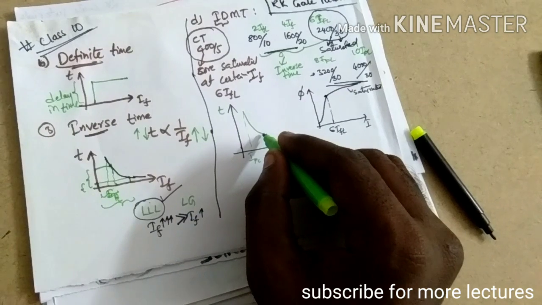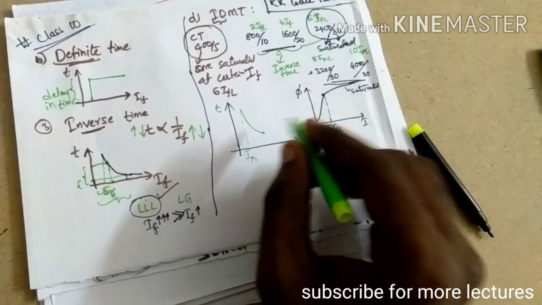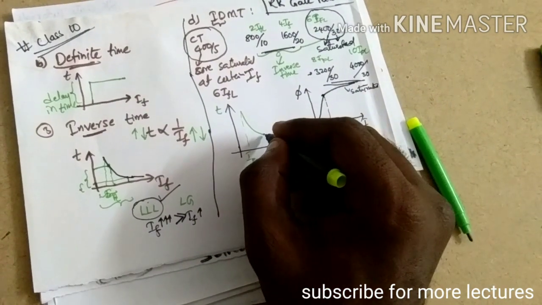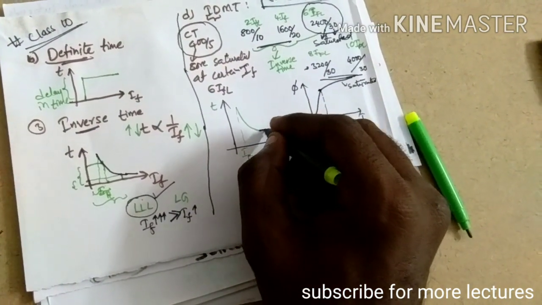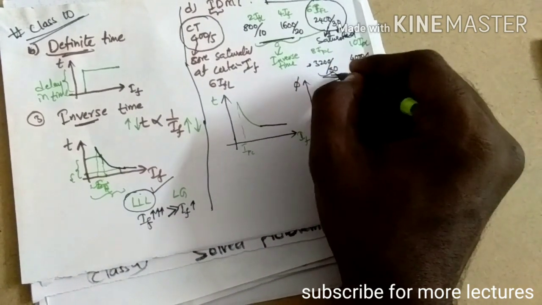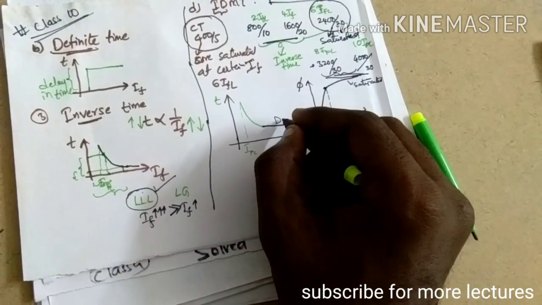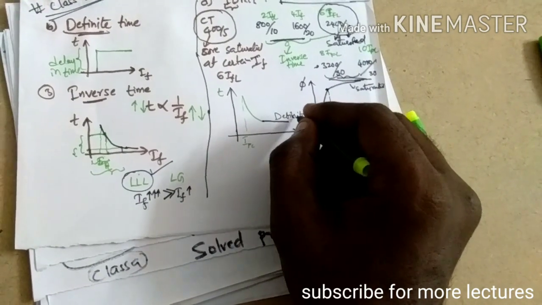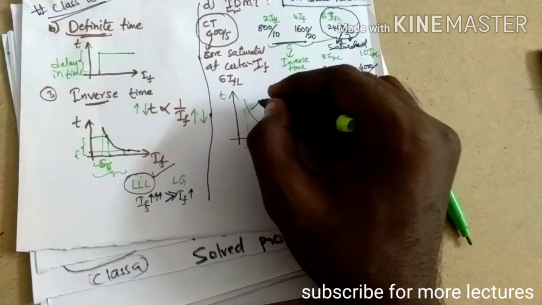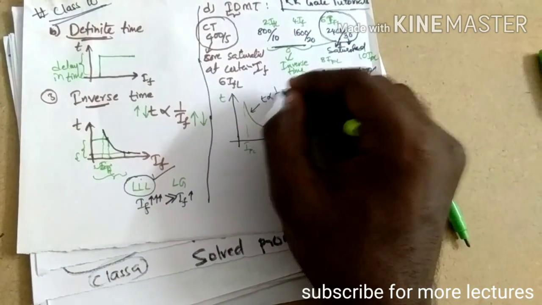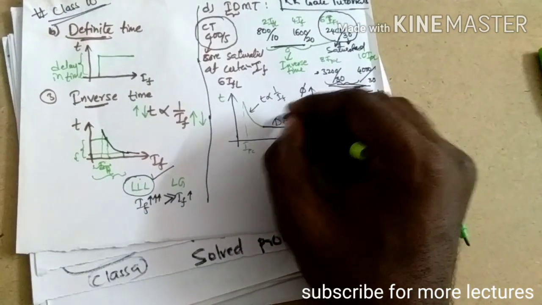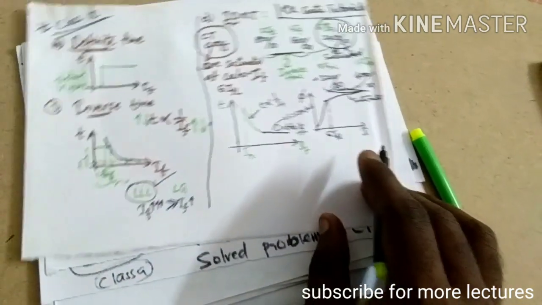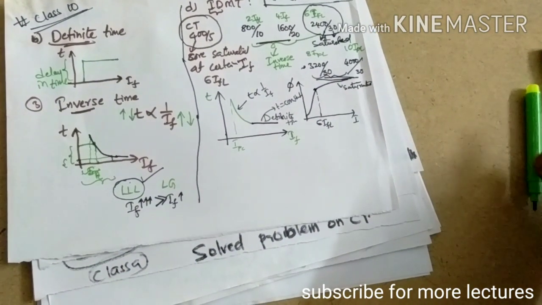As the fault current increases, automatically the time of operation gets reduced. But beyond the saturation, it is showing constant characteristics, like definite time characteristics. So here time is inversely proportional to the fault current, but here the time is constant. This is the speciality of the IDMT relay.